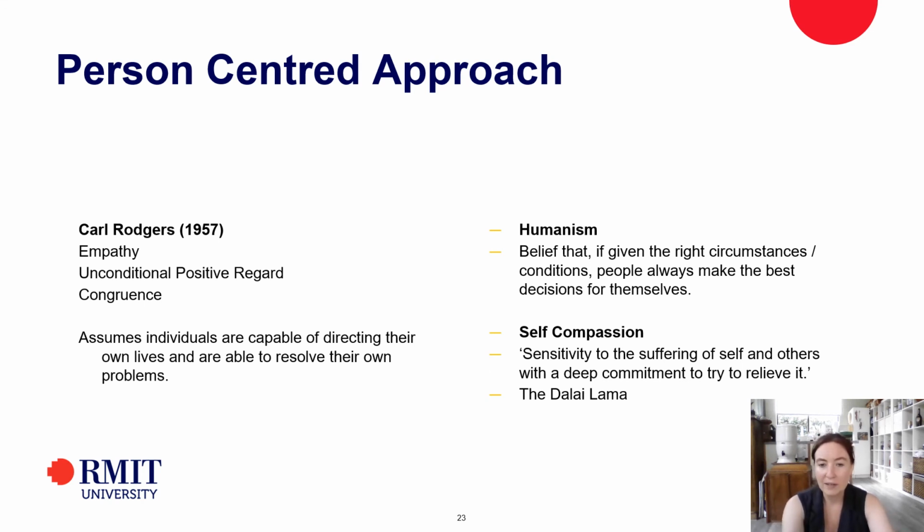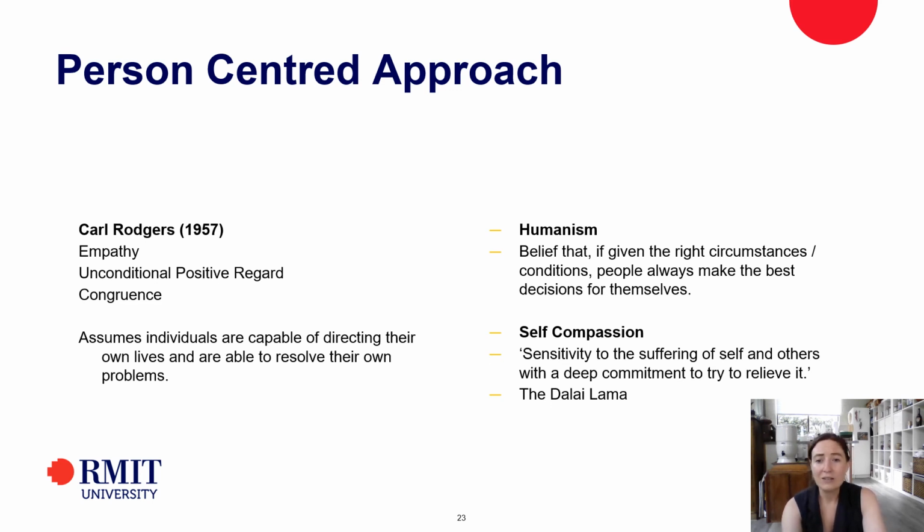So rather, humanism calls us to really, if someone is making choices that are really risky or that are having really difficult negative consequences and contributing to their suffering in the long term, let's not disempower them and try to coerce them into doing what we think they should do.